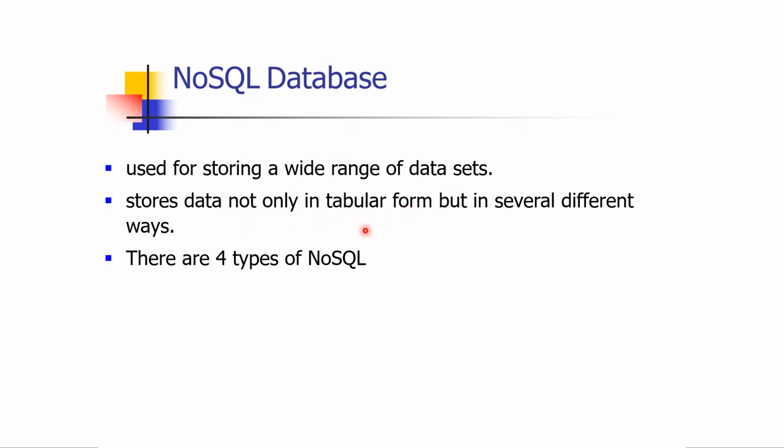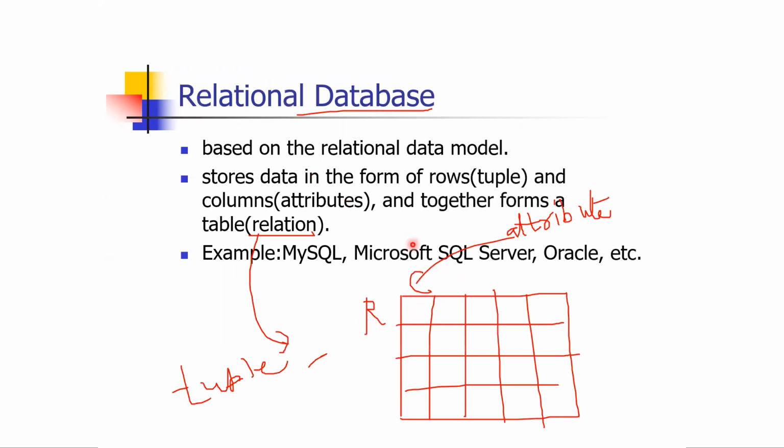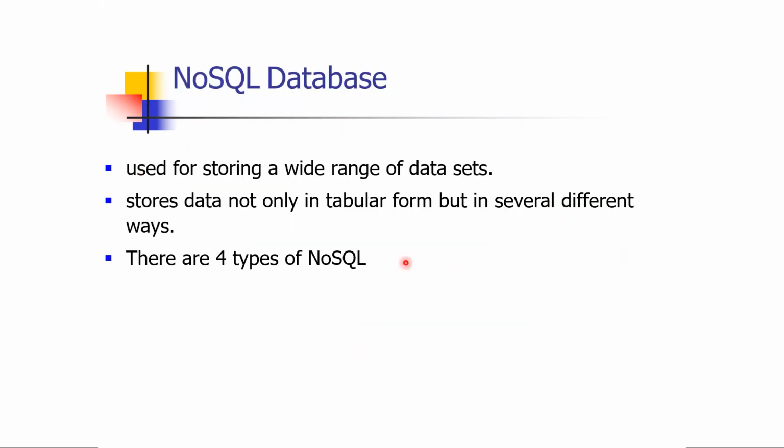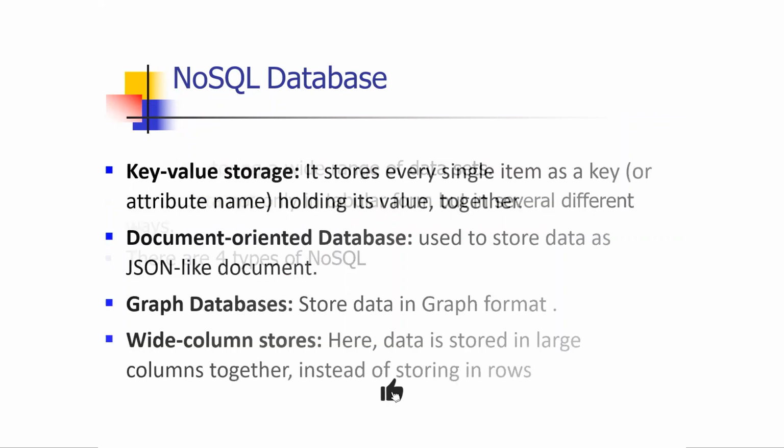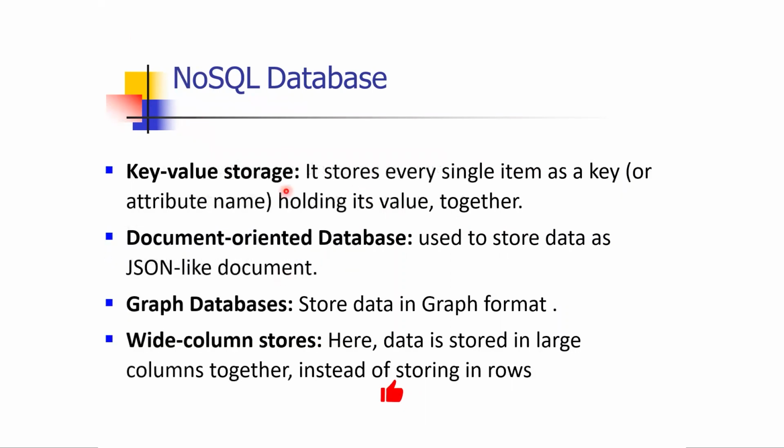In a relational database, everything is stored in tables, but here different forms are also used for storing data, because we have a wide range of data. There are four types of NoSQL. Type one is key value storage, which stores the item as a key.